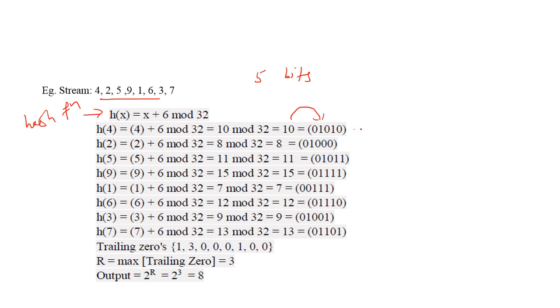For example, here the trailing zero count is 1, here there is nothing, 0, here also 0, this is 0, this is 1, this is 0, and this is 0. And from these, this is 3, extremely sorry. So 3 is the maximum number of trailing zeros. This is the value of r, and the output is 2 raised to r, that is 2 raised to 3, which is 8. So this is just a brief overview of this algorithm.